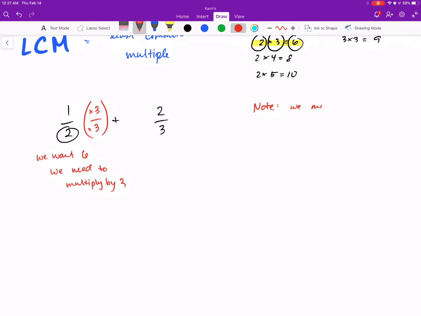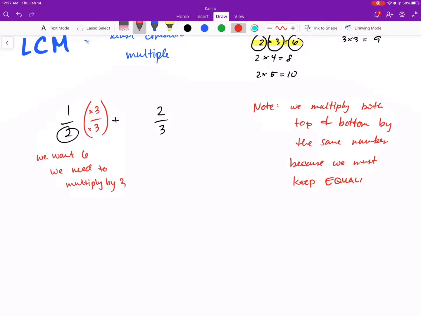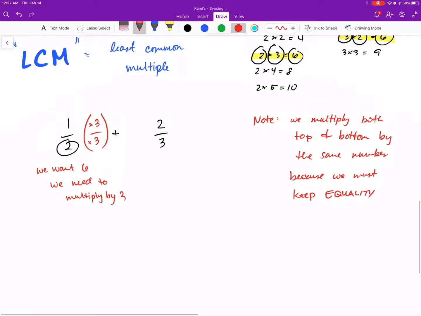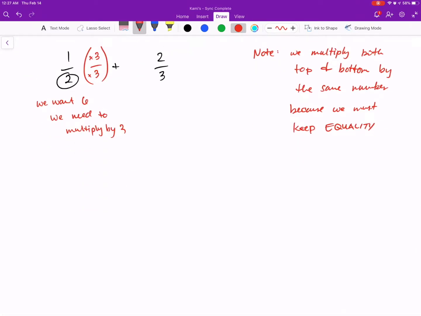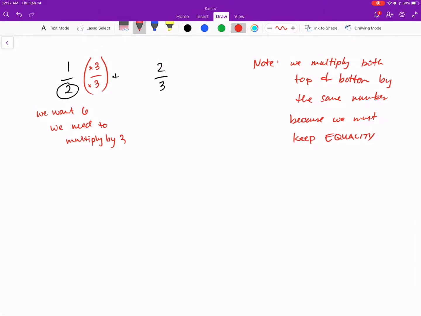We multiply both top and bottom, and by the same number, because we must keep equality. This is a big thing. Equality. So we cannot change the original form or the original problem.